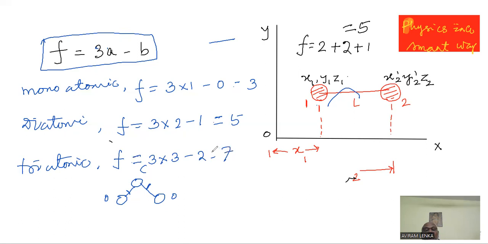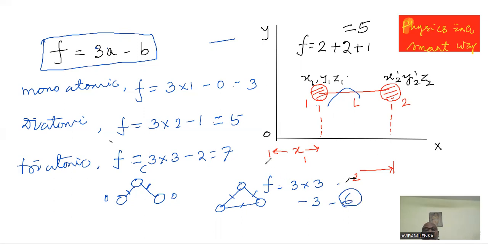That will be 7. But sometimes in a triatomic case, all 3 atoms are bonded with each other. That happens in the case of epoxides. So the molecular structure is like this, and the degree of freedom will be 3 into 3, minus number of bonds equal to 3, that will be 6.